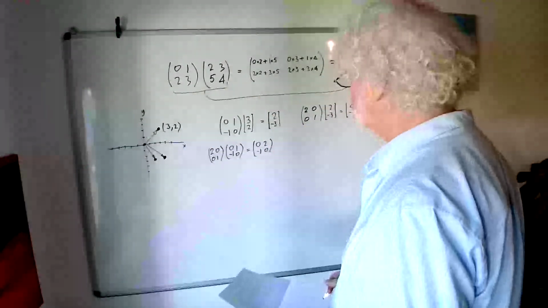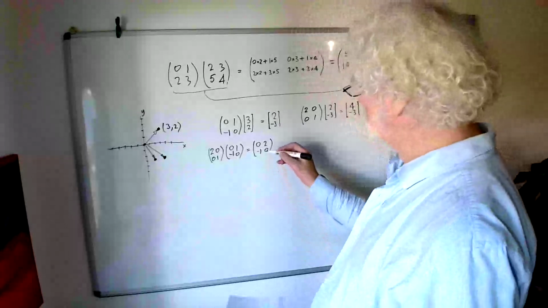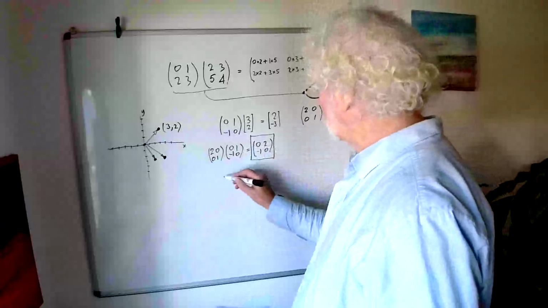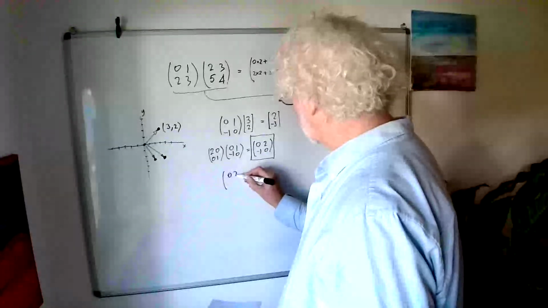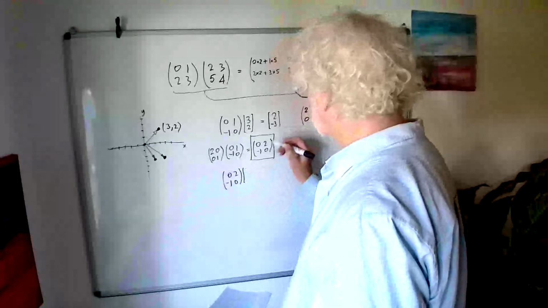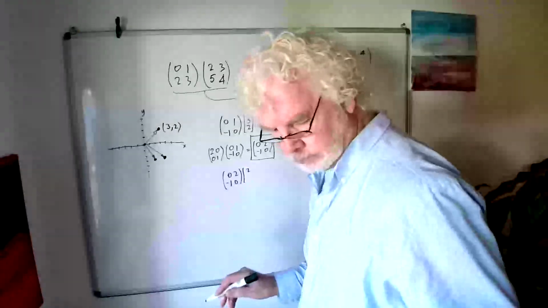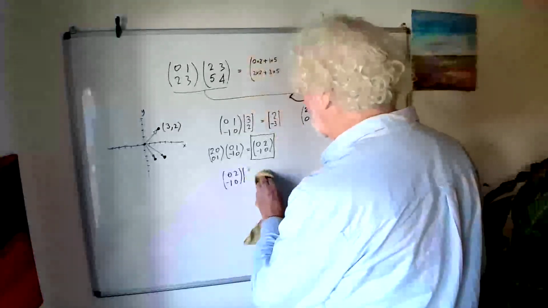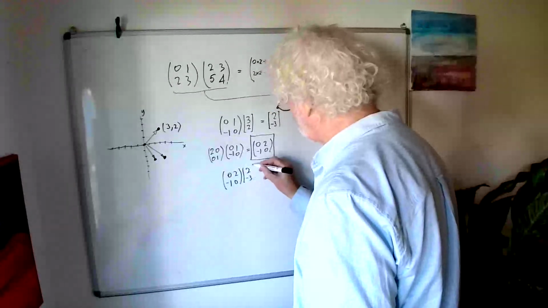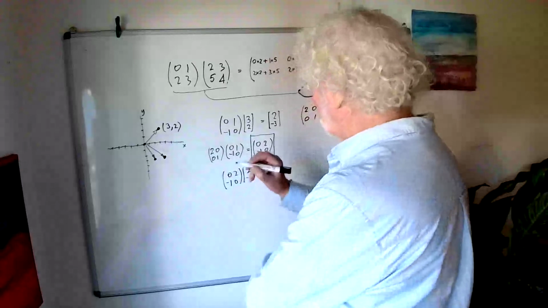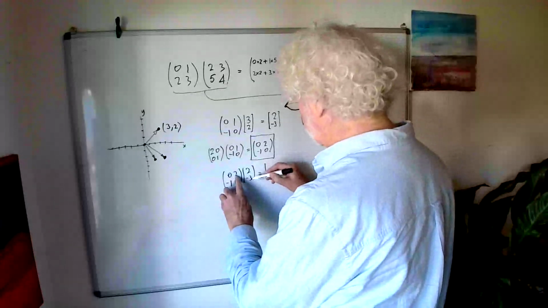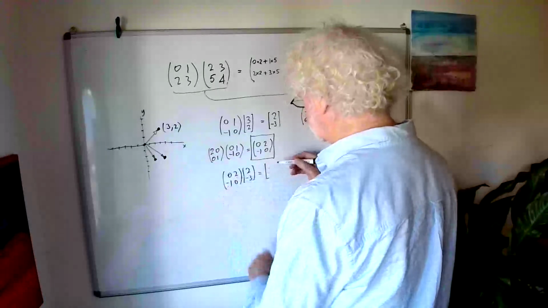Righto. And now I'm going to take this third matrix and use it on the original vector, the first point. That's equal to 0 minus 6.